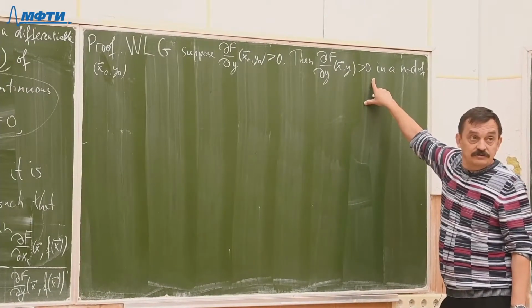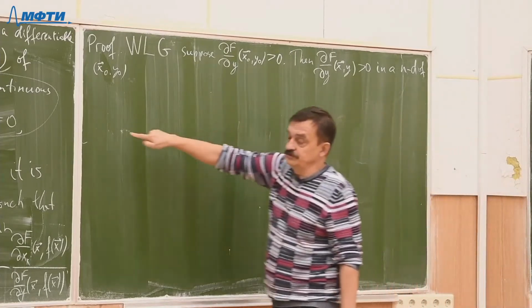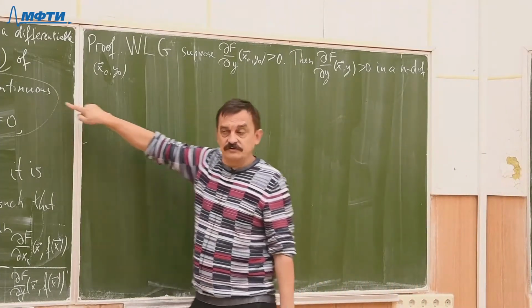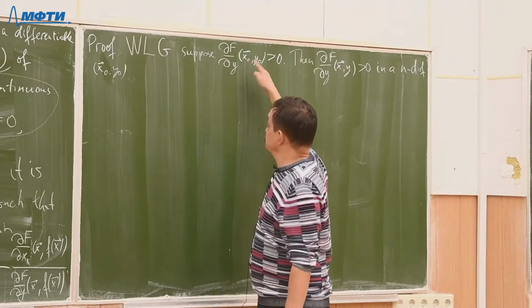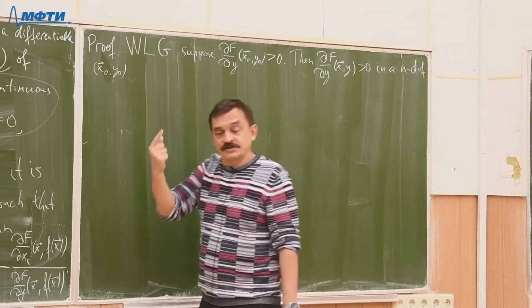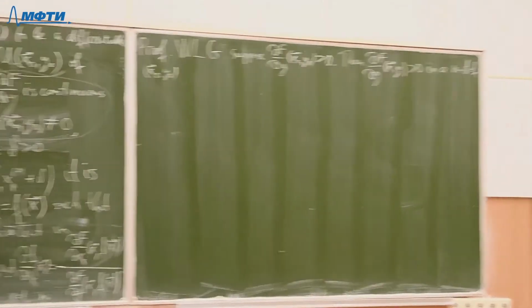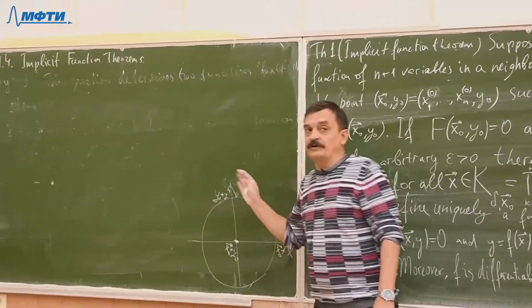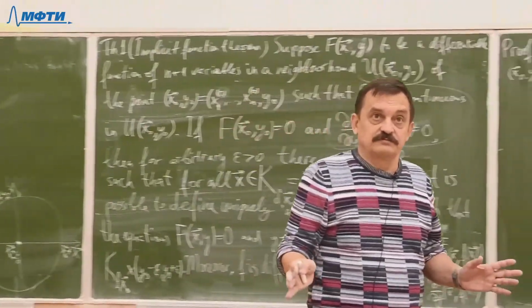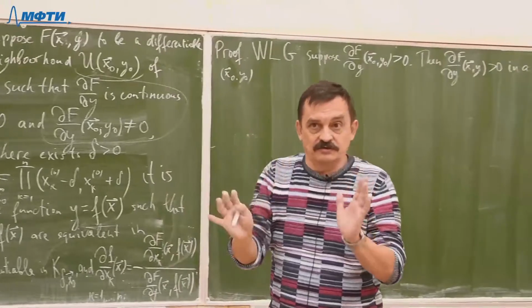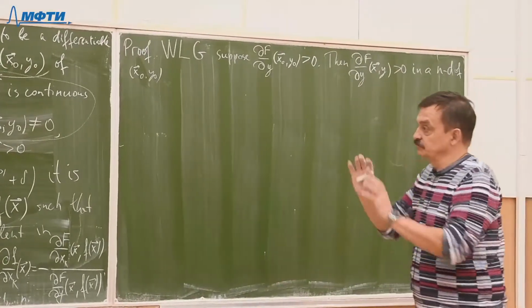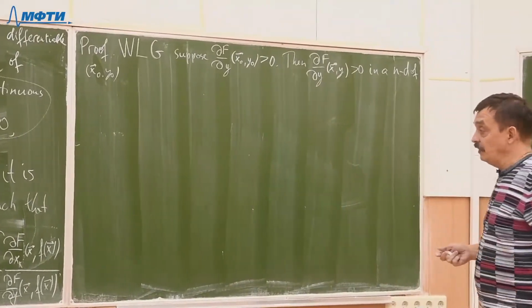Why can we do it? Because of continuity. If this function is continuous and positive, then near that point it is also positive. So that is what we choose to be our neighborhood.